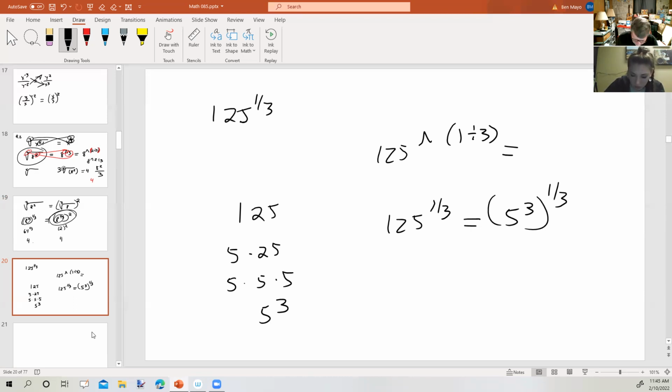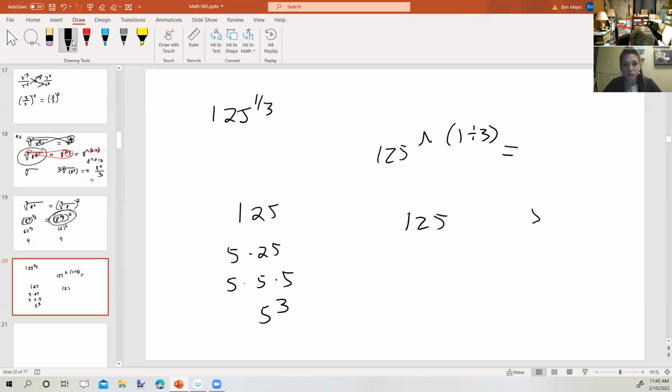Let's change colors. Okay, so 125 is the same as 5 cubed. So 125 to the 1/3 power is the same as 5 cubed to the 1/3 power.